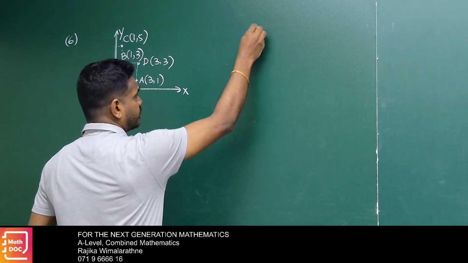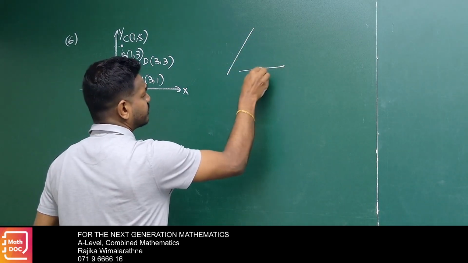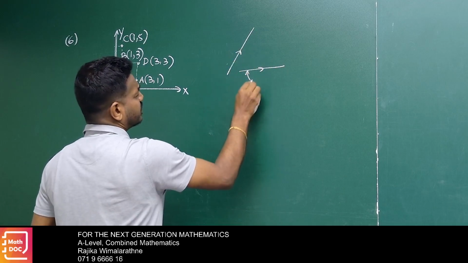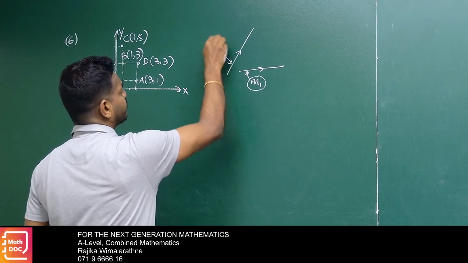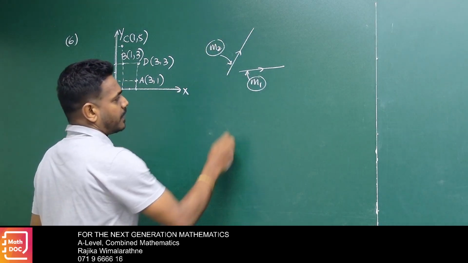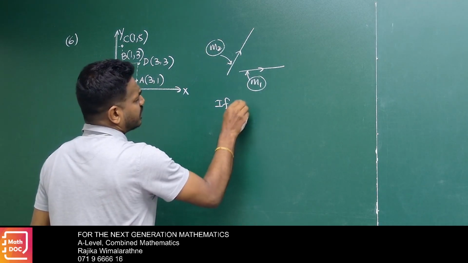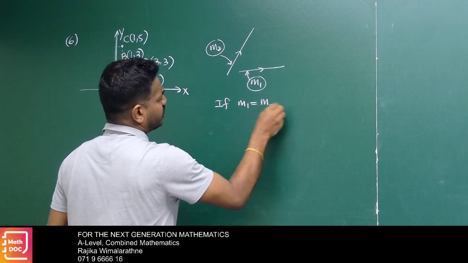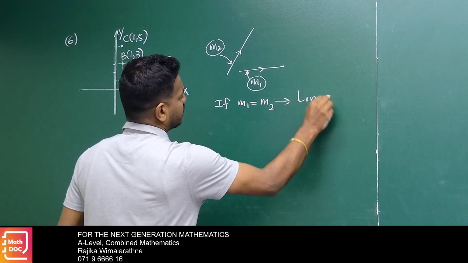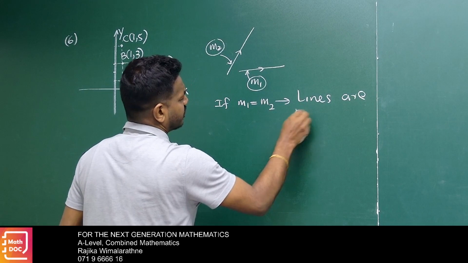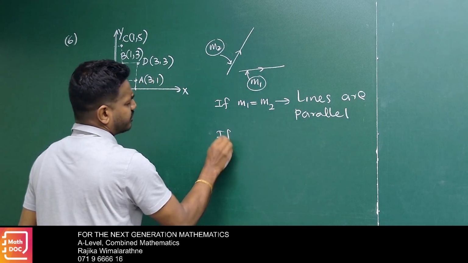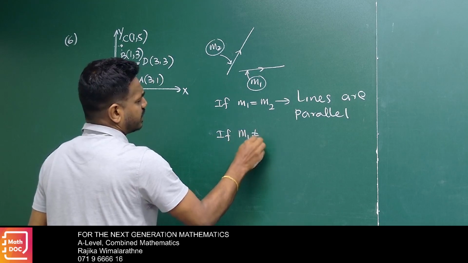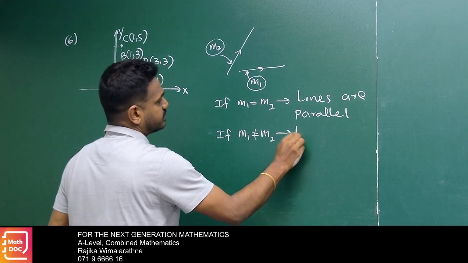So you consider two line segments, with gradient M1 and gradient M2. If M1 equals M2, the lines are parallel. If M1 is not equal to M2, the lines are inclined.